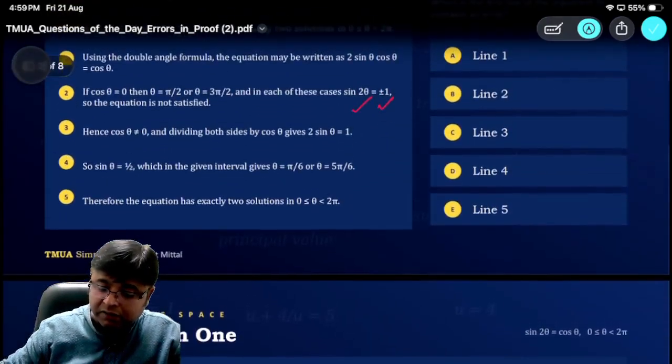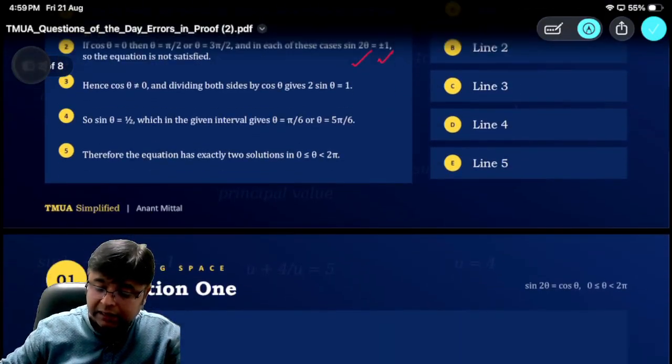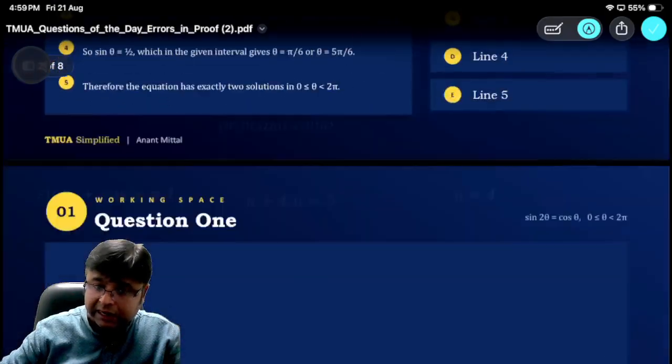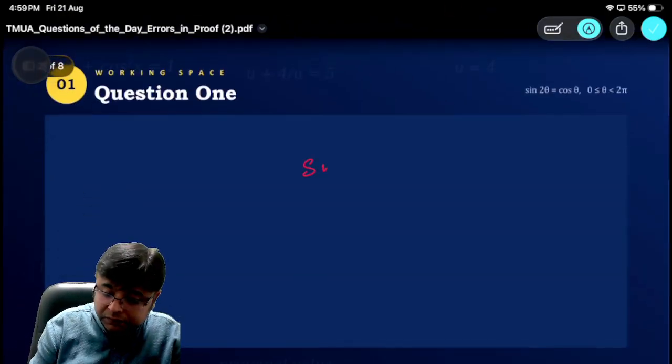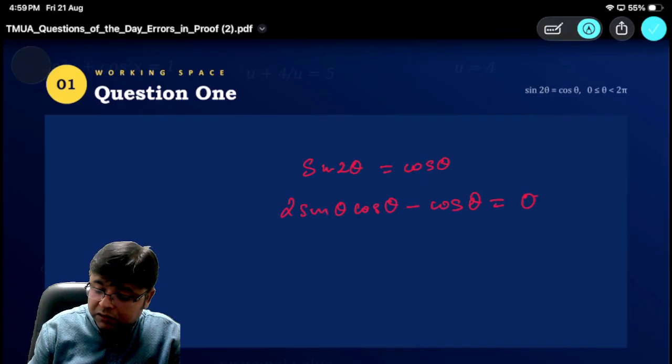Now, just to give you a perspective, the correct way of solving this: we have the equation sine 2 theta equal to cos theta. So the correct solution will be 2 sine theta cos theta minus cos theta equals 0. If I take cos theta common, it gives me 2 sine theta minus 1.